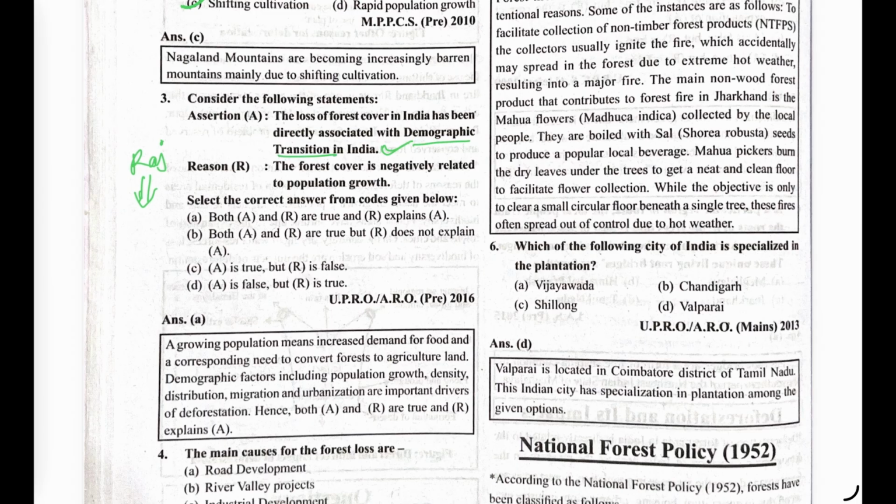Forest cover is negatively related to population growth. Where population growth increases, forest cover decreases. So they are negatively related, in other words inversely related. So A is the correct option.